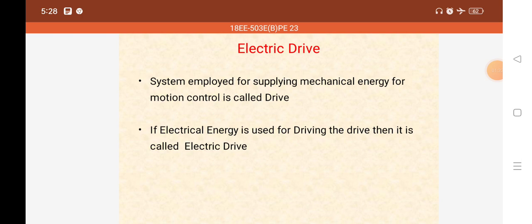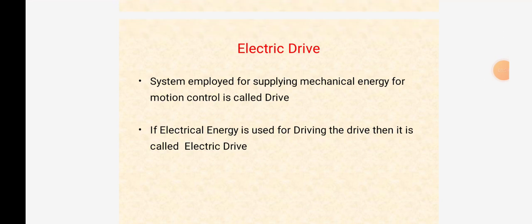Here the speed control means intentional change of the drive speed to a desired value for performing the specific work process.